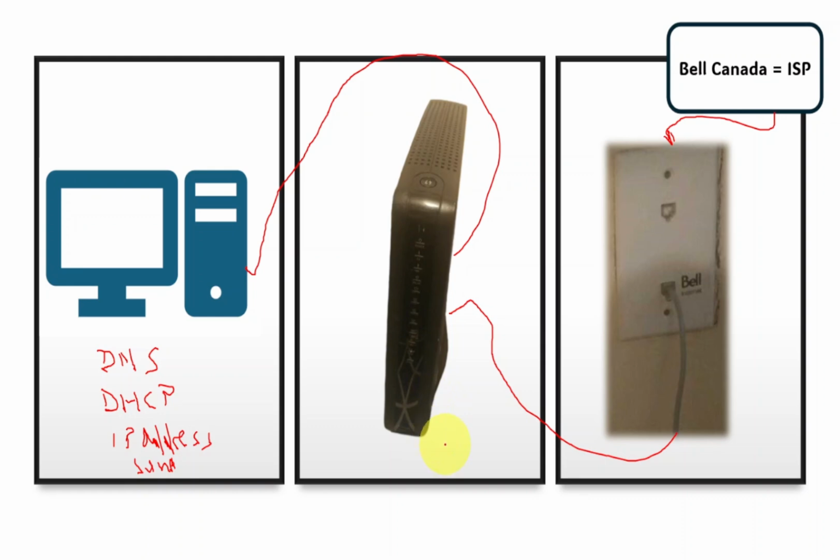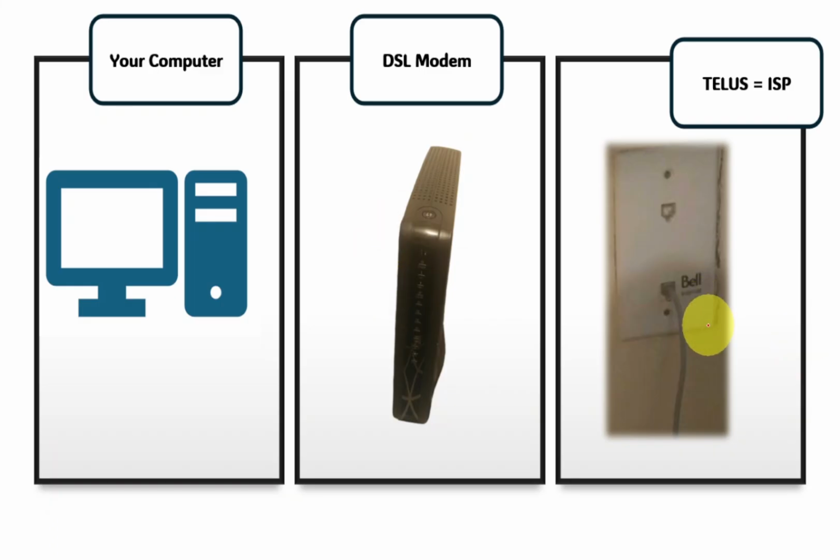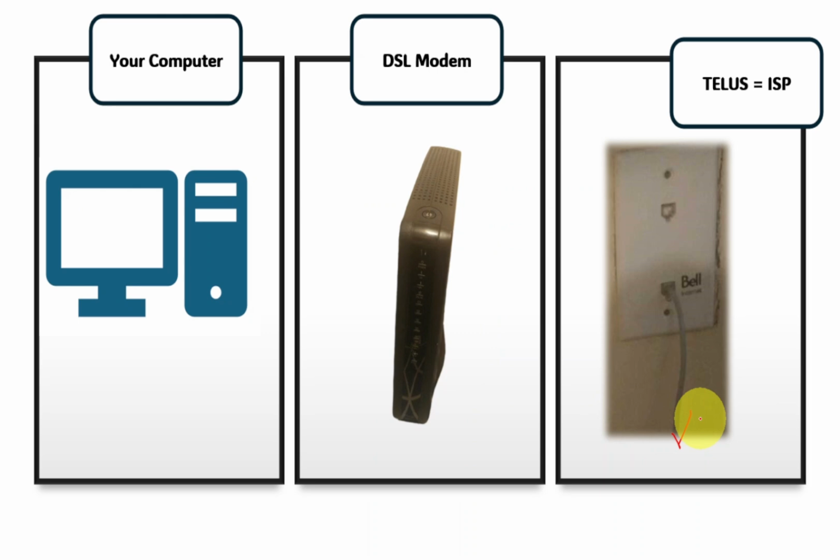Okay? We come here. Now, it depends. You see here, this one is DSL, because of the cable you are using. Let me go back a little bit. Here, you have a DSL modem.